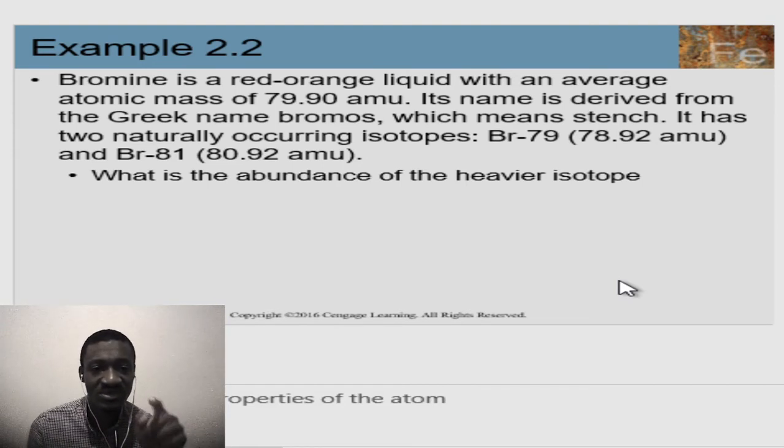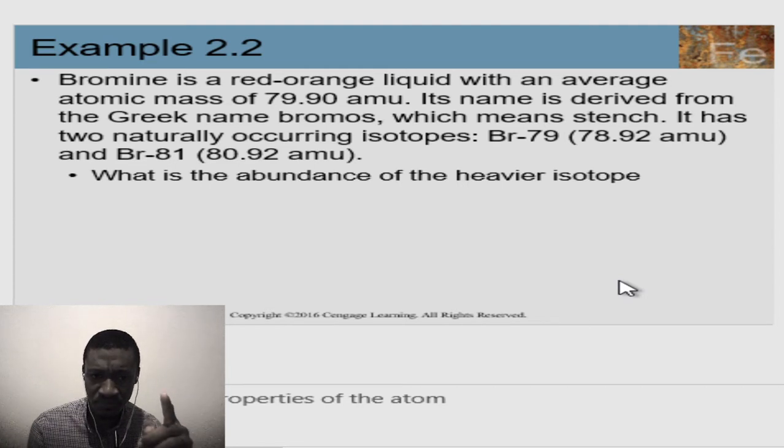So bromine is a red-orange liquid with an average atomic mass of 79.90 atomic mass unit. Guess what's that value? That's the relative abundance or the average of the two. So just put that at the back of your mind, that to effectively solve the questions, you have to understand the question.